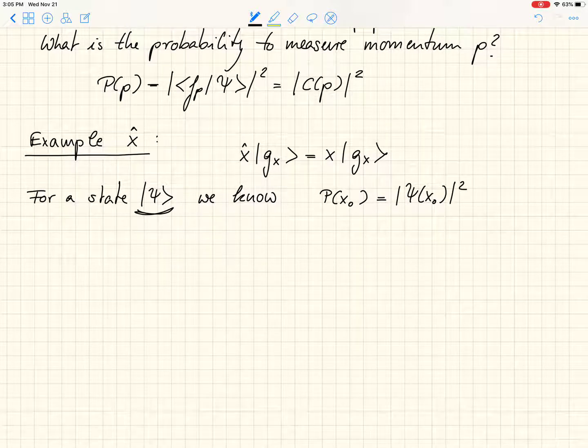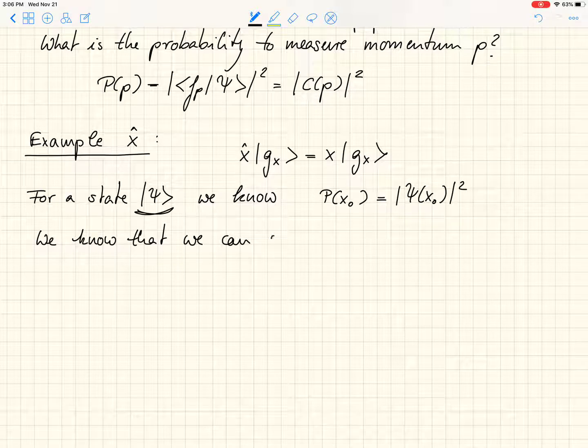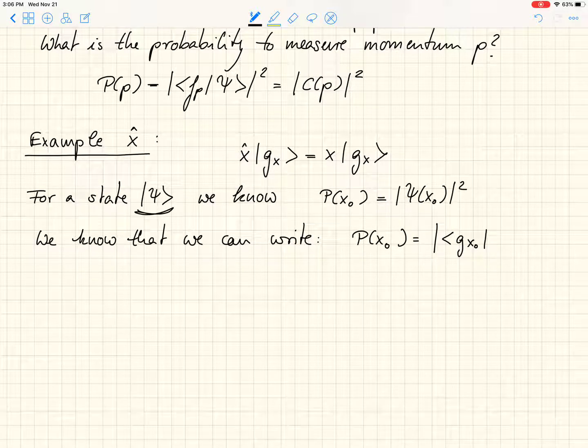We know from the generalized statistical interpretation that we can write that this probability density should be equal to the absolute value squared of the inner product of the eigenstate of the position operator corresponding to position x0 with psi. So the inner product of that eigenstate with psi, absolute value squared, should also give me this probability density.